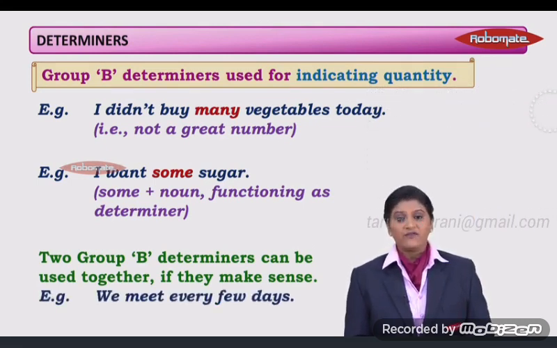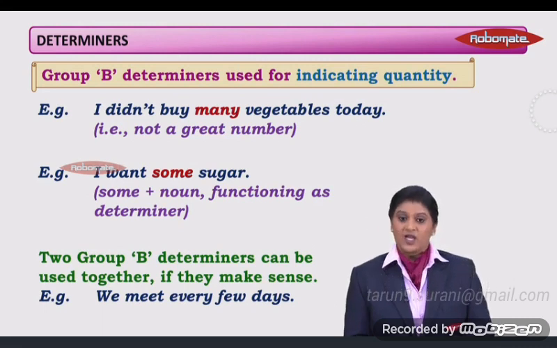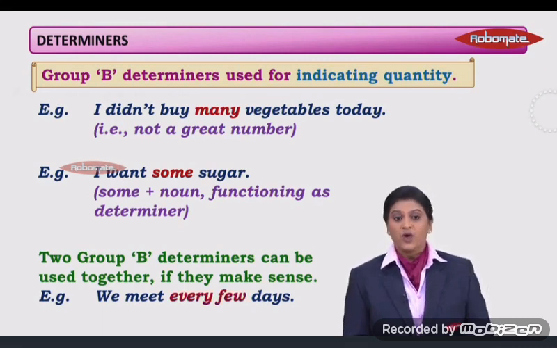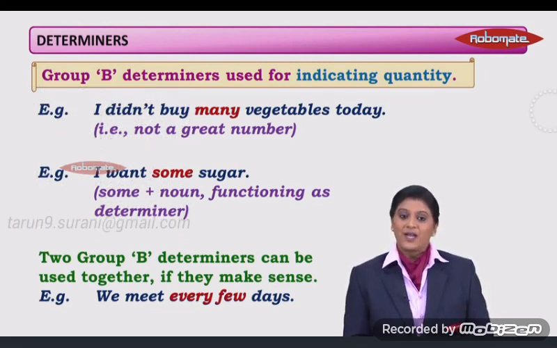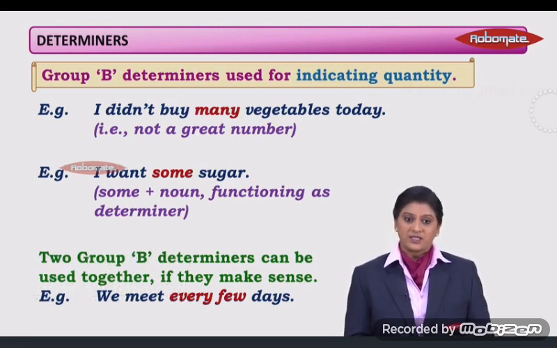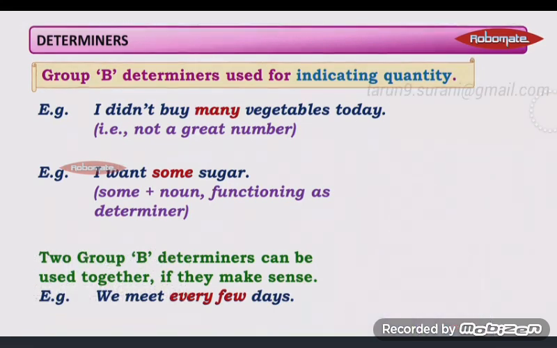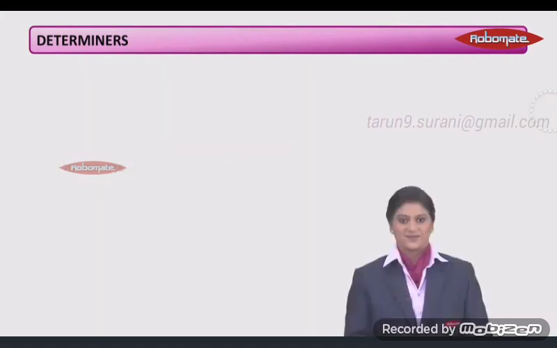We meet every few days. Now, every and few, both are group B determiners, and basically we can use them together, but it is not necessary that every group B determiner can be put with some other group B determiner.